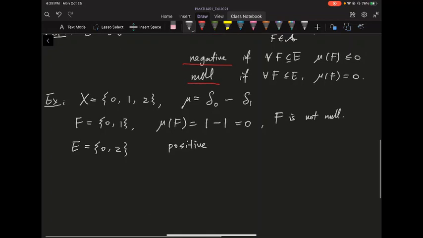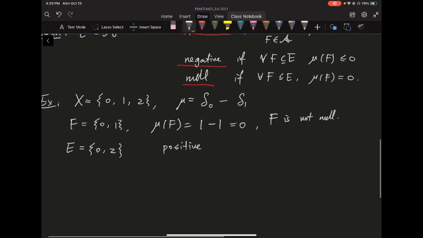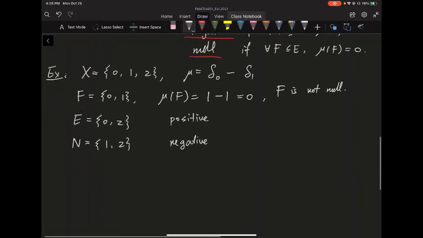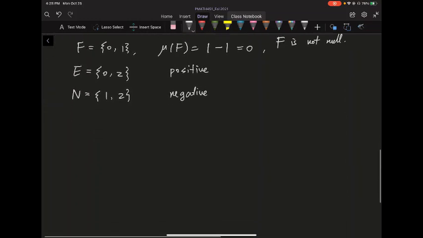And if you take, running out of letters, let's call it N, to be {1, 2}, that's going to be a negative set, so it avoids the positive measure at 0, basically. All right, so now I'm going to prove some nice properties of these positive and negative sets. So let's do a little lemma.